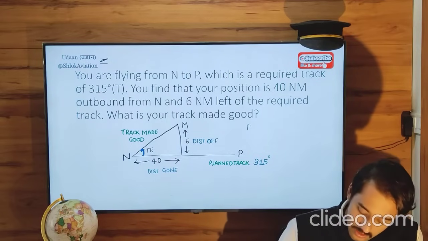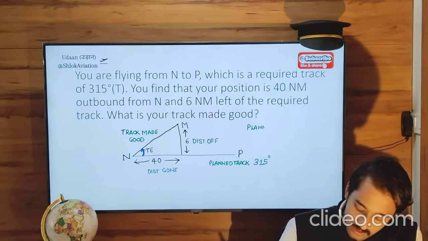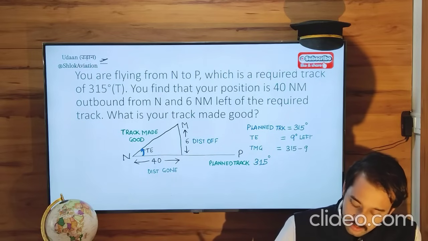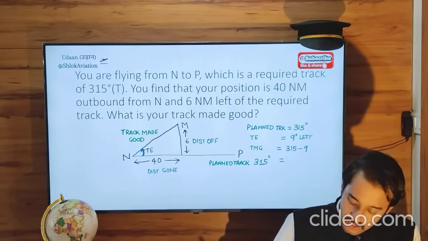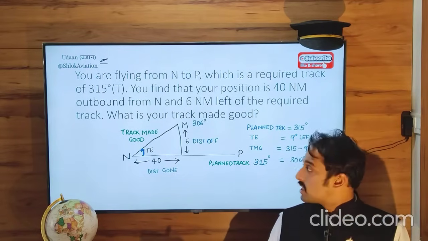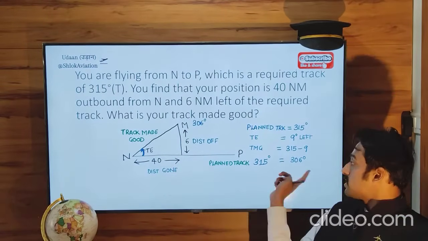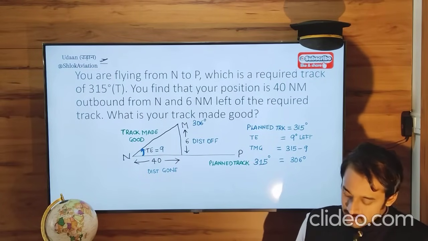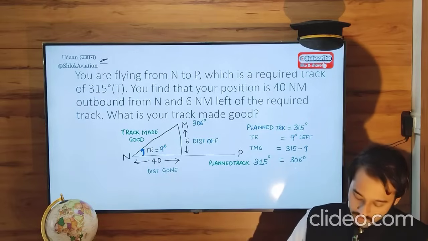So if planned track is 315 degrees and track error is 9 degrees to the left hand side, your track made good will be equal to 315 minus 9, which is 306 degrees. Okay, track made good will be 306 degrees.